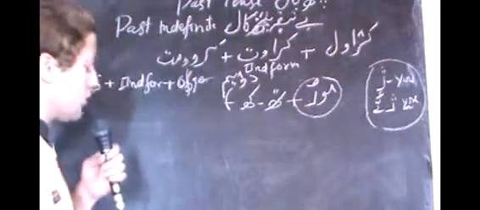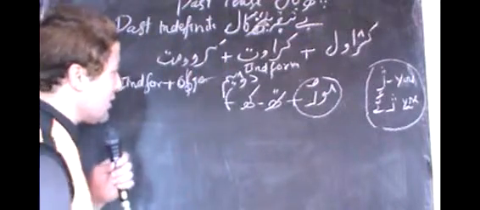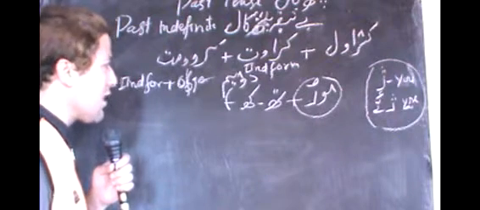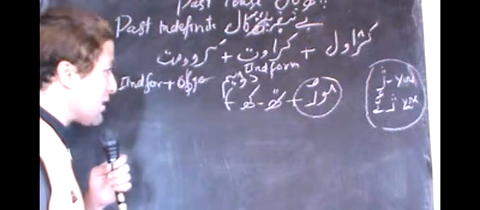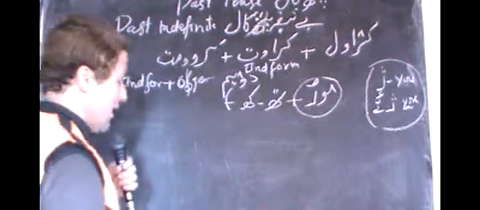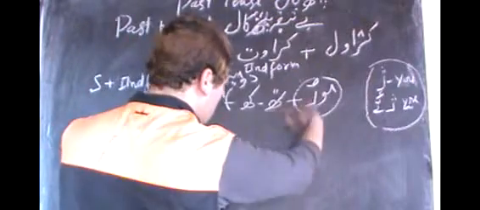Or sometimes we add kh in some of the verbs. That becomes khotuk. So when we use these type of subjects like you, we change the shape of the verb.